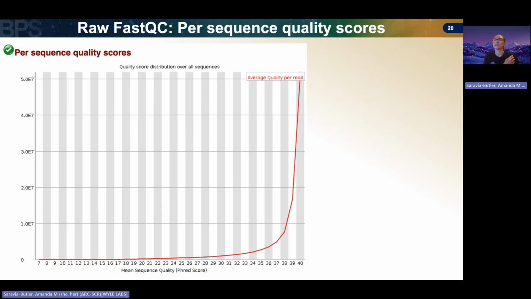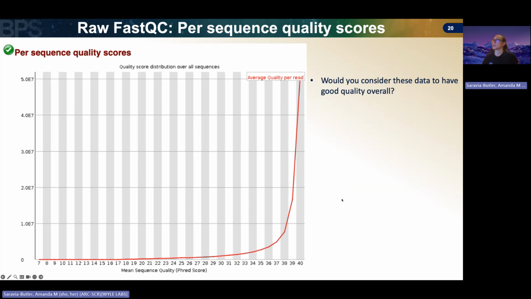Next thing we're looking at here is the per sequence quality scores. This is the average quality score, or Q score, of the bases throughout each read. How you interpret this is, if you want to know how many base calls had a Q score of 33, you would just find 33, go up here and then move over to the y-axis and you'd see the number of bases with that quality score.